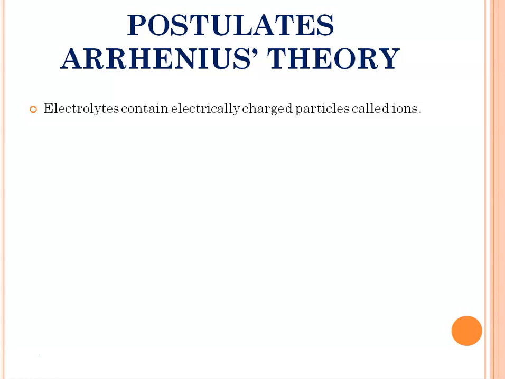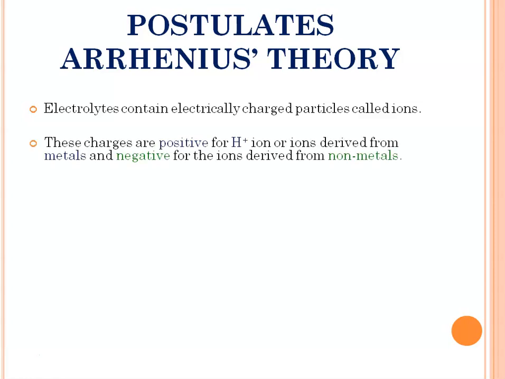According to the Arrhenius theory of ionization, electrolytes contain electrically charged particles called ions. These charges are positive for hydrogen ion or ions derived from metals and negative for the ions derived from non-metals.